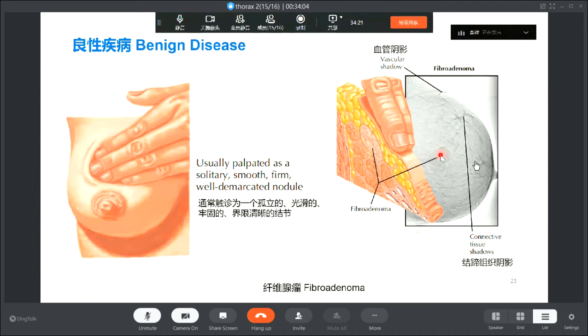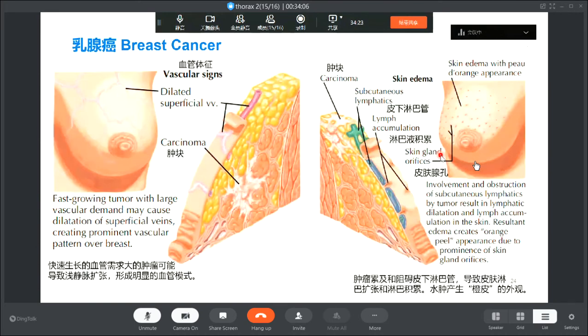And in breast cancer, you can see some signs of this disease.